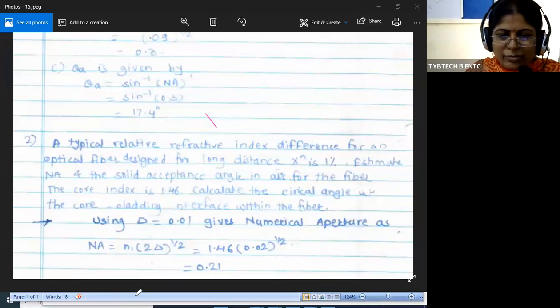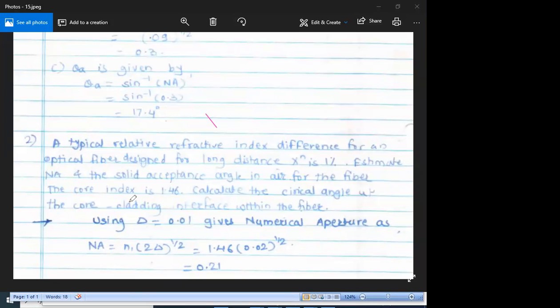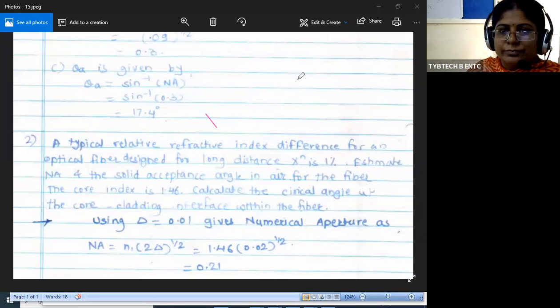So can anyone tell what is the value of N2? Audumbar, Pranav, Omkar, Sakshi, tell me the value of N2.